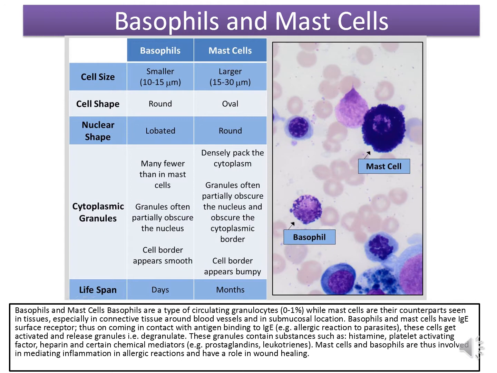Cell shape of basophils round and mast cells oval. Nuclear shape in basophils lobated and mast cells round. And various cytoplasmic features are also a bit different, and they are different in lifespan.